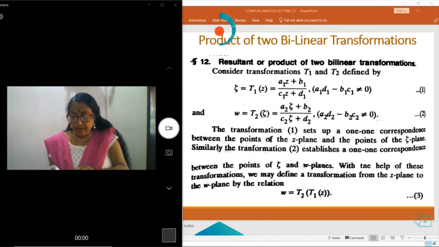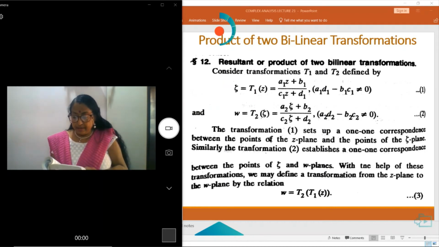In place of tau 1 z, we replace the formula for tau 1 z, and then we apply tau 2 to a1z plus b1 over c1z plus d1, and we get the second equation.